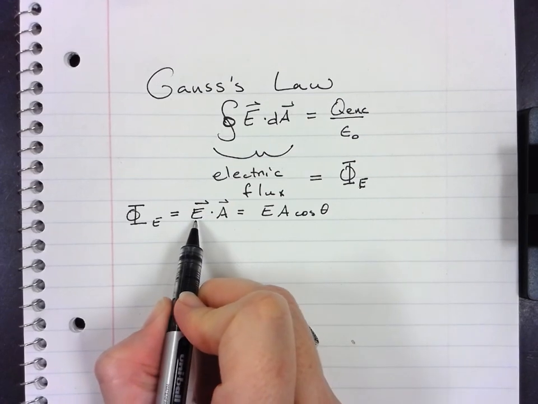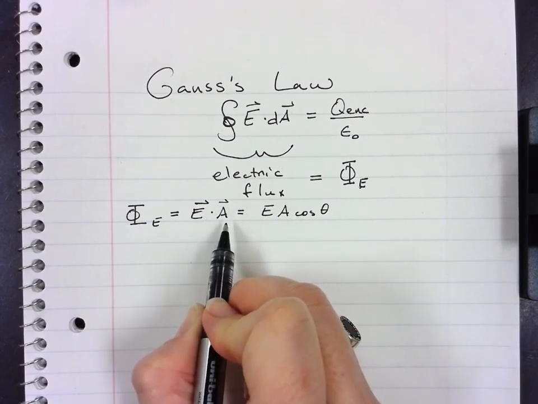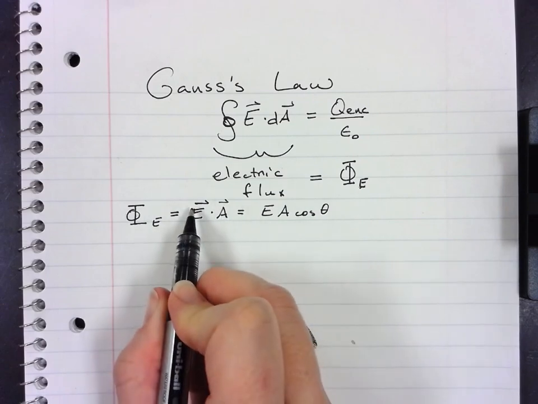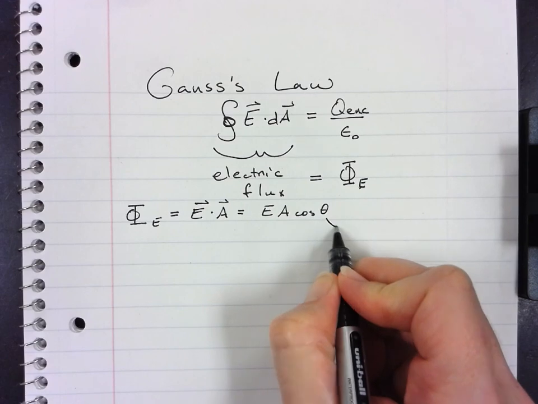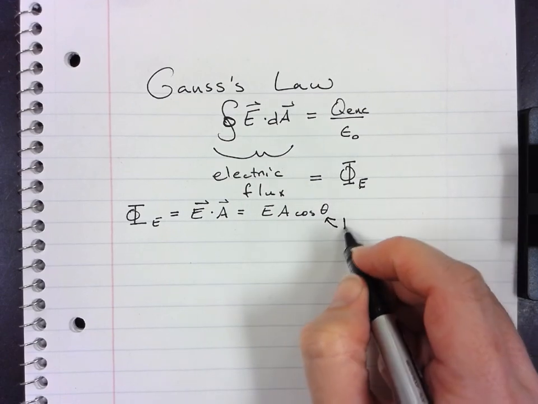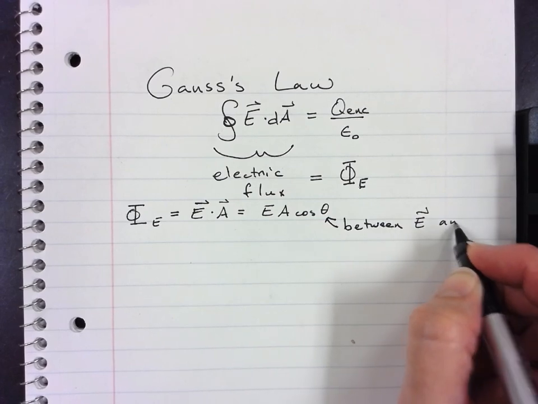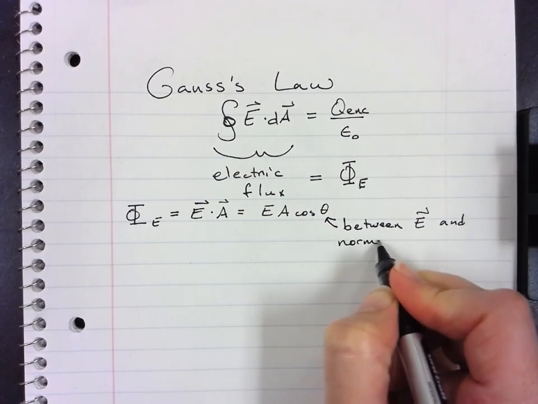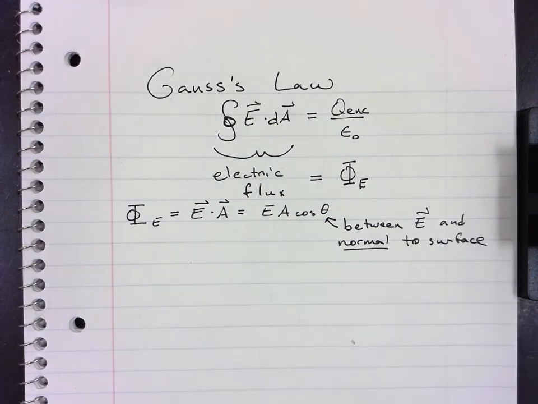So electric field strength times the area that the field's going through, but there's a direction to the area. So this angle is between the electric field direction and the normal to the surface you're interested in.